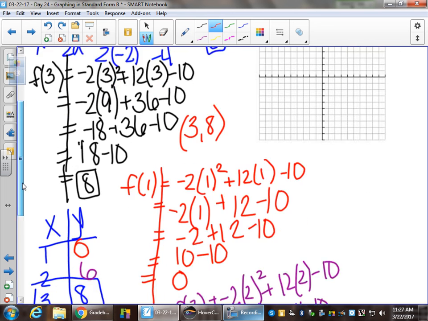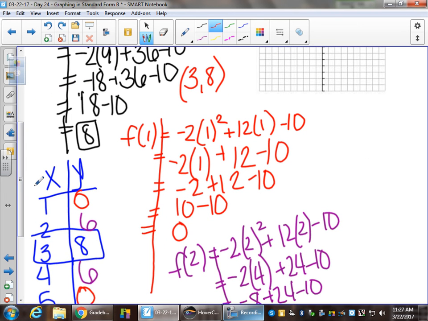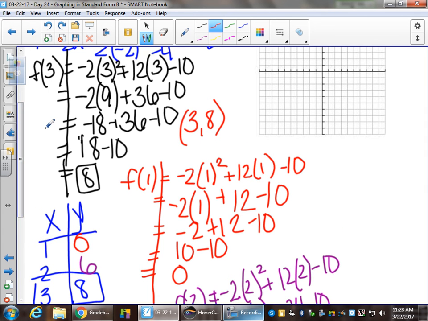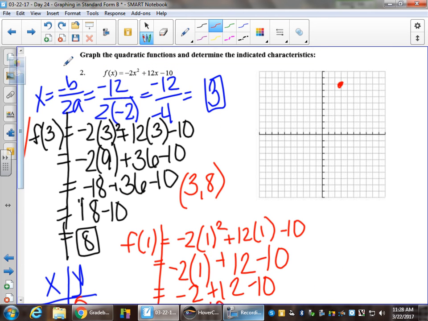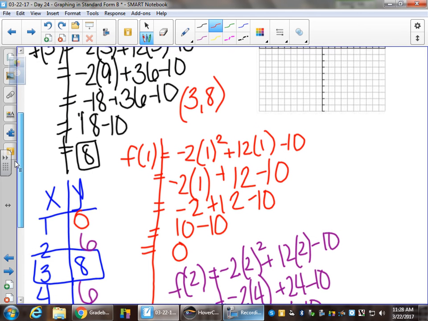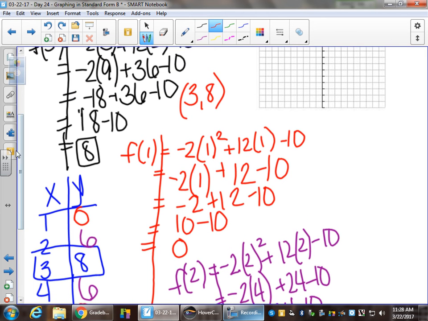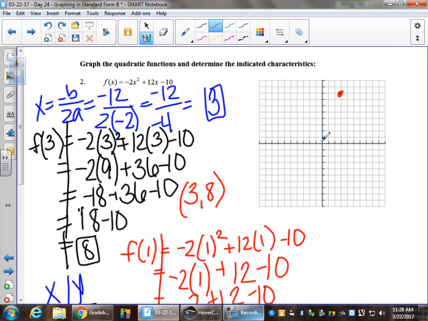For 6. Do you want to plot another point? Why don't we do one more, Julio? Keep doing that. Julio, how am I going to plot 2 and 6? Right, 2. Okay, you can pass it off.